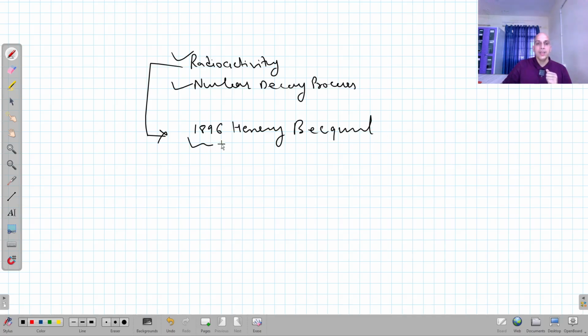And according to the definition, the process of spontaneous emission of alpha, beta, or gamma radiation from a heavy nucleus is known as radioactivity. All the nuclei with Z greater than 82 show the radioactivity phenomenon. I mean, they are capable of emitting alpha, beta, and gamma rays, right?